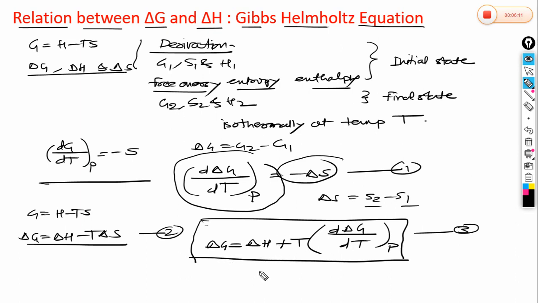This equation is called the Gibbs-Helmholtz equation, and it is in terms of free energy and enthalpy changes.